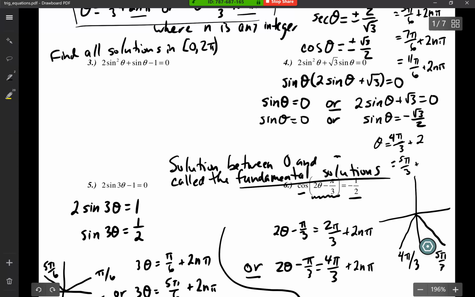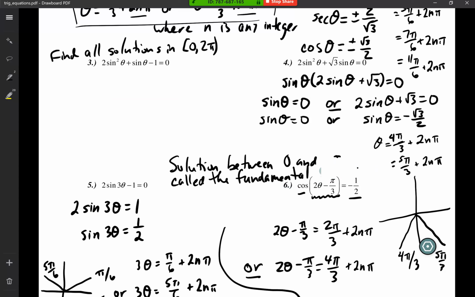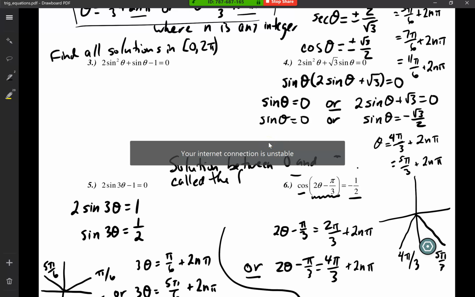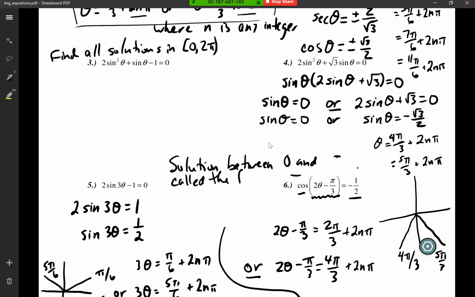And then we're going to put those multiples of 2 pi in here again. So that's for that one. Now we need to do the other one. The second one's just asking for when sine of theta is equal to 0.